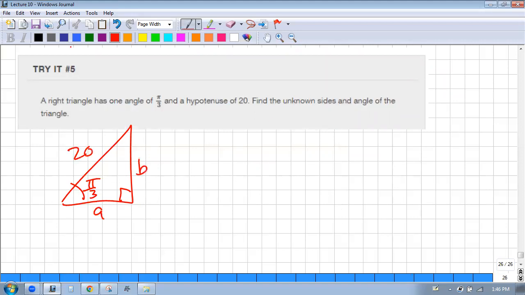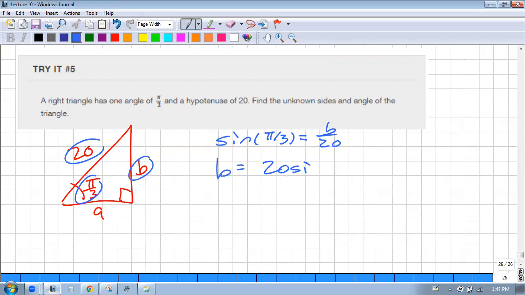I'll call them A and B. I know that sine of the angle is opposite over hypotenuse. So B has to be 20 times sine of pi over 3. Sine of pi over 3 is 1/2. So B is 10.